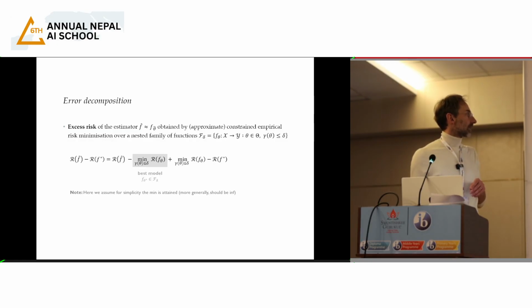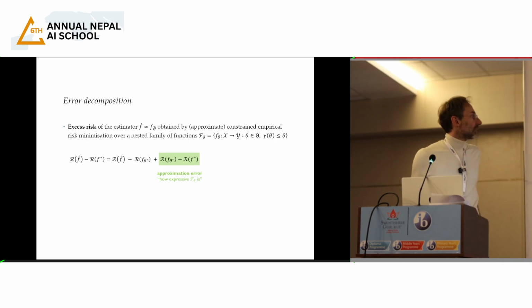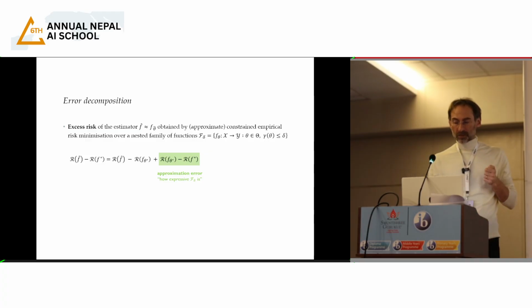Now, what is written in this green term? It's the approximation error. How far is my best solution within my class from the optimal solution? Again, I'm comparing R to R, but this is the unachievable solution, f star, that we said we cannot compute, and this is something that I can compute in practice, okay?